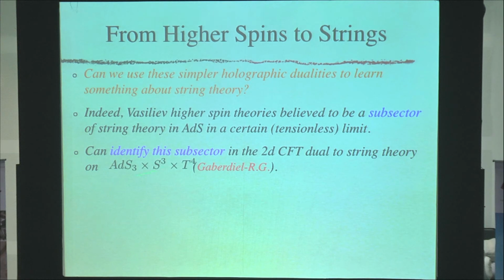In the particular case of a string theory involved on three-dimensional anti-de Sitter space times various other factors, you can try to identify this subsector, and indeed you find that in the two-dimensional CFT, which is believed to be dual to this string theory on this background, the Vasiliev theory does sit as a consistent subsector of the full string spectrum.